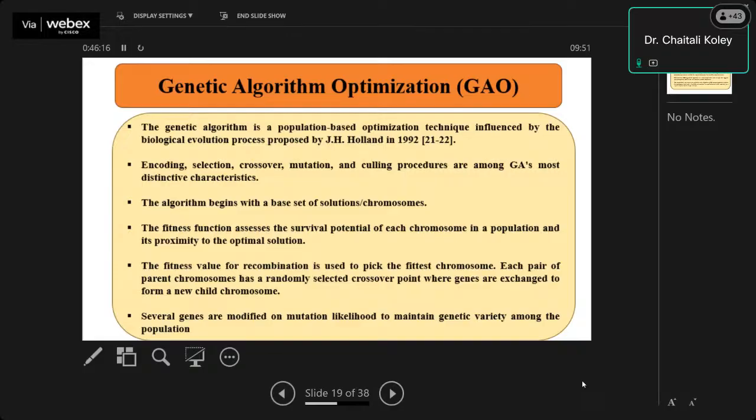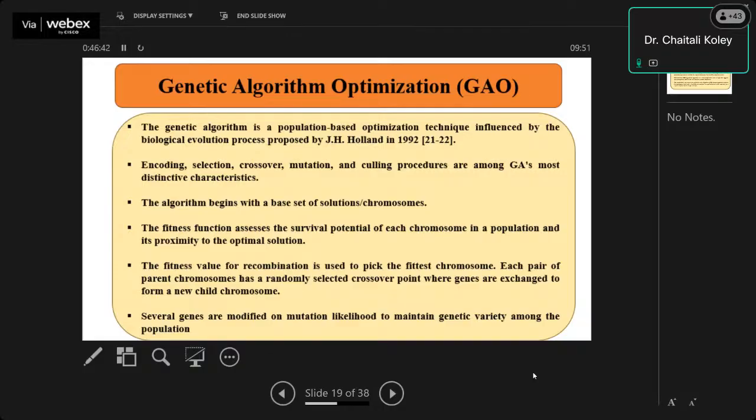Another example of such optimization is the genetic algorithm. This optimization technique is influenced by the biological evolution process, proposed by J.H. Holland in 1992.